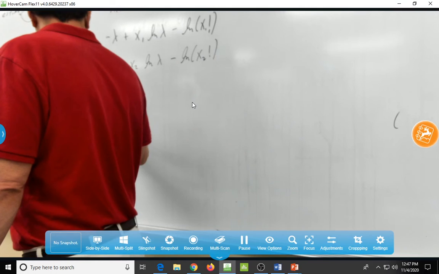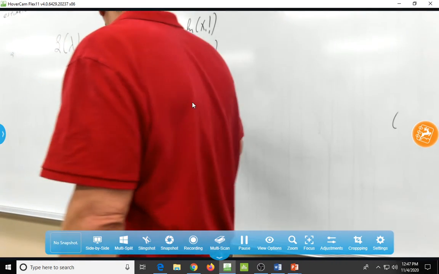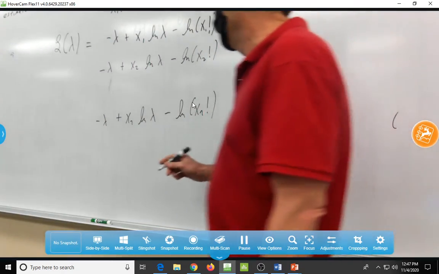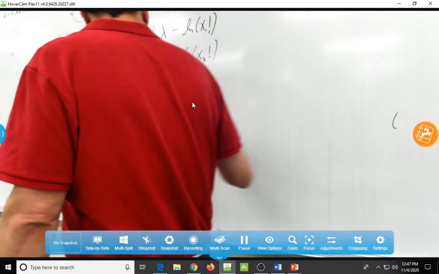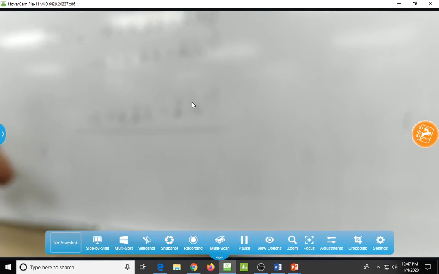Anyway, I get down here to minus lambda plus xn natural log of lambda minus natural log of xn factorial. Let's just add those all up. So the natural log, that's a very bad L.